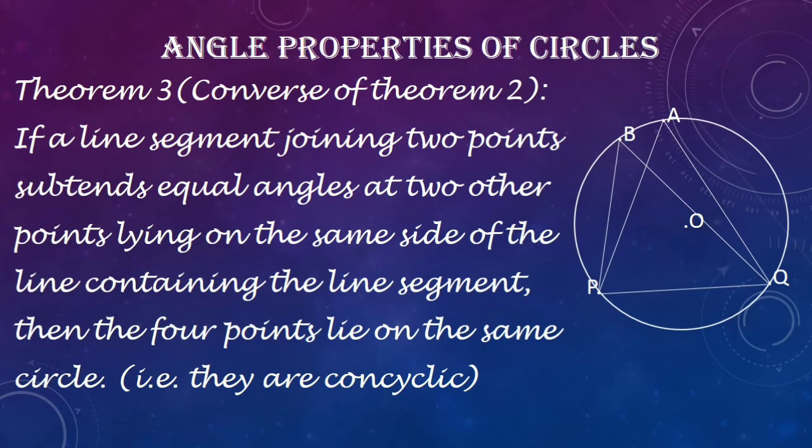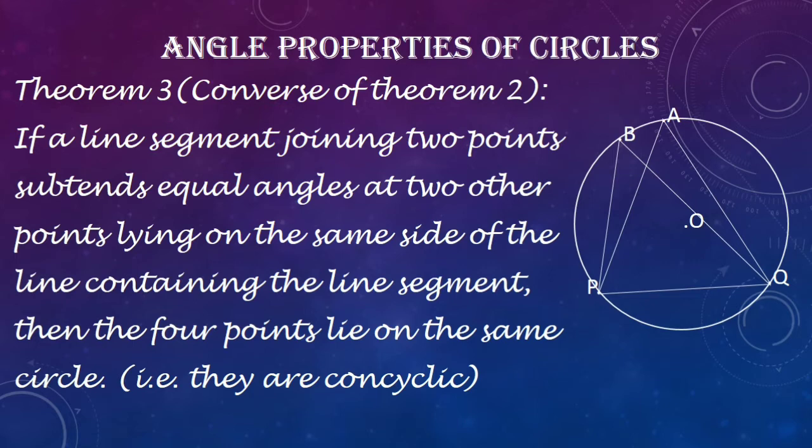Theorem 3. This is the converse of theorem 2. If a line segment joining two points subtends equal angles at two other points lying on the same side of the line containing the line segment, then the 4 points lie on the same circle. That means these 4 points are concyclic. Here consider the line segment PQ.